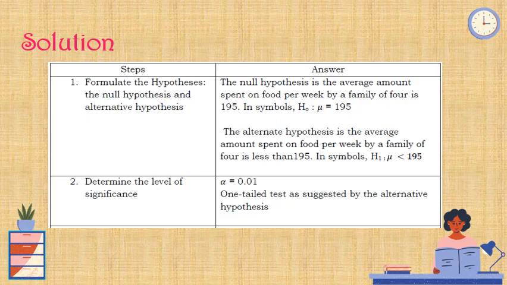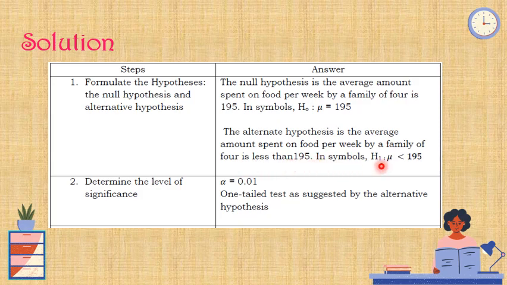Solution. Step 1, formulate the null and alternative hypotheses. So, the null hypothesis is the average amount spent on food per week by a family of 4, which is 195. So, in symbols, null hypothesis mu equals 195. The alternative hypothesis is the average amount spent on food per week by a family of 4, which is less than 195.